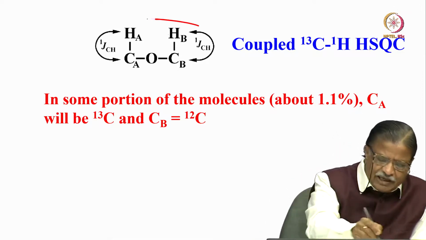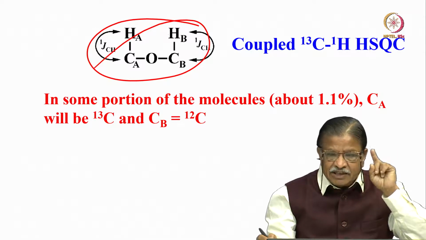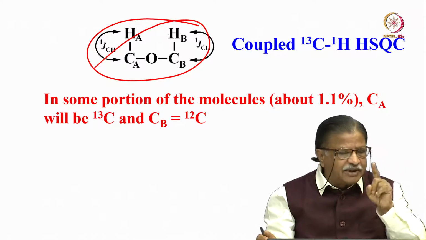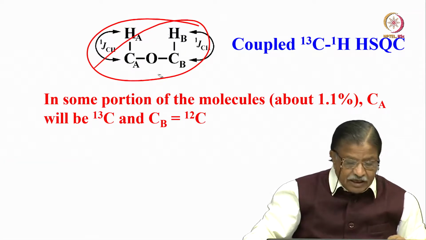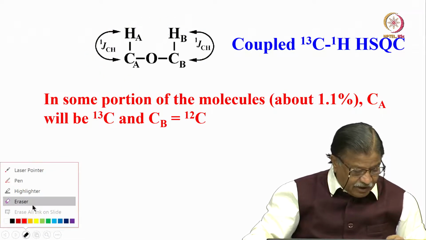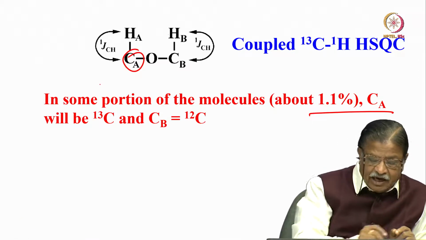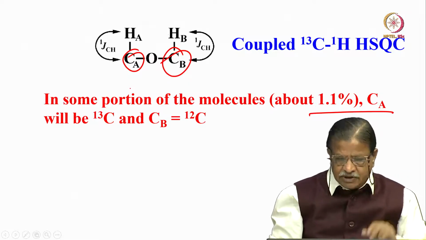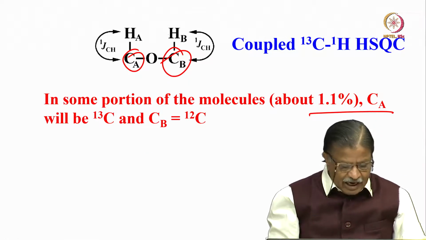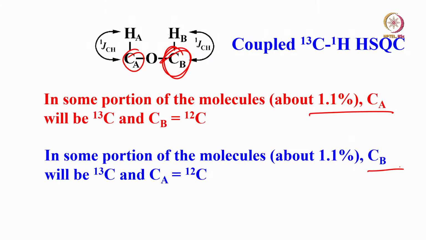See, take a molecule like this. Please understand that is why I introduced satellites: carbon 13 has 1% abundance. In a molecule like this, there is 1% of the molecules where carbon A is carbon 13 and carbon B is carbon 12, and in some portion of the molecules carbon B is carbon 13 and carbon A is carbon 12.